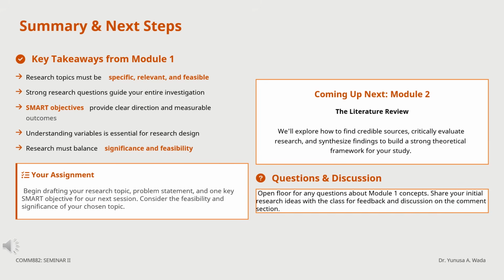All right. Now to summarize Module 1, we have covered critical steps in initiating a research study, from formulating a focused topic and crafting strong research questions to developing compelling problem statements and setting SMART objectives. We also discussed the importance of identifying variables and justifying the significance and feasibility of your research.